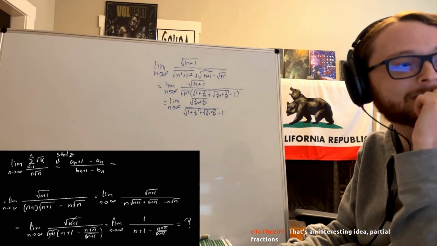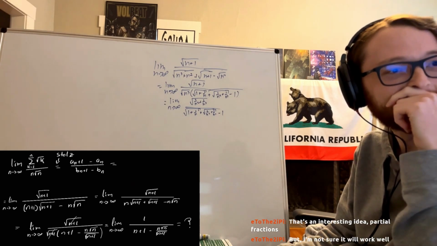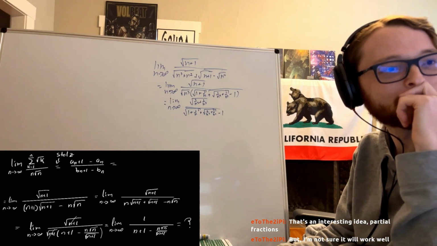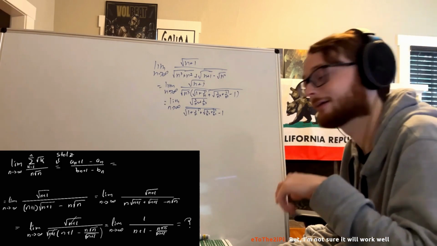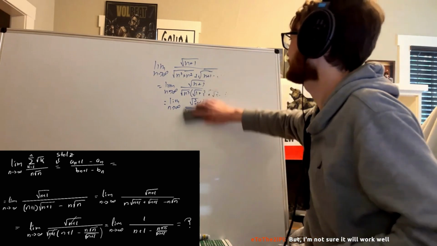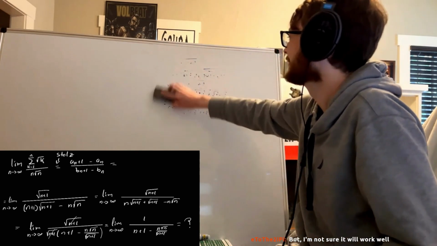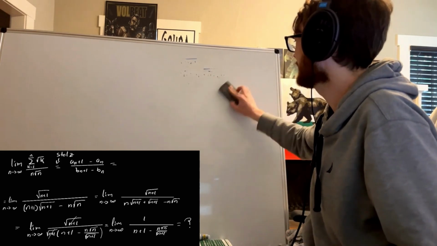Not sure it will work well. I'm not sure either. I haven't done partial fractions with square roots like this. It seems hard to split up the numerator, or maybe you treat the root n plus 1 on top as one thing. We could give one of these steps to Wolfram Alpha and see if it comes up with an alternative form.